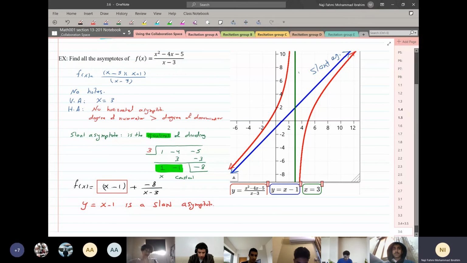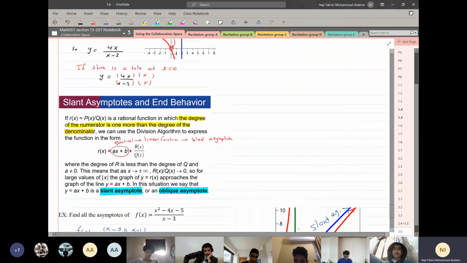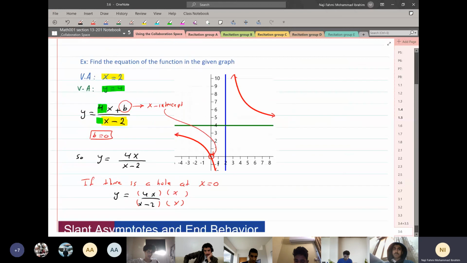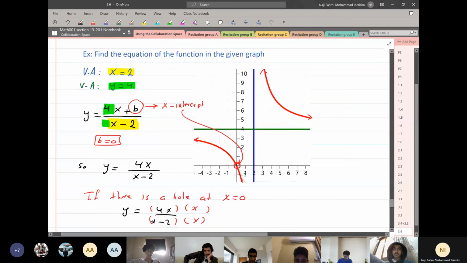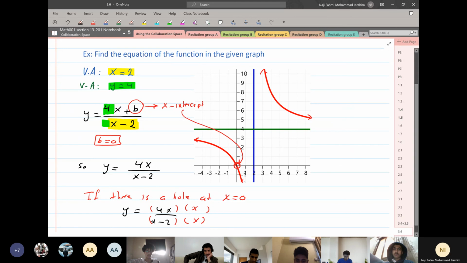Ahmed Abdul Khaliq, what's your question? The question before this one. Yes. The hole is at x equal 0. Why don't we use x equal 2? No, x equals 2 is already a vertical asymptote.